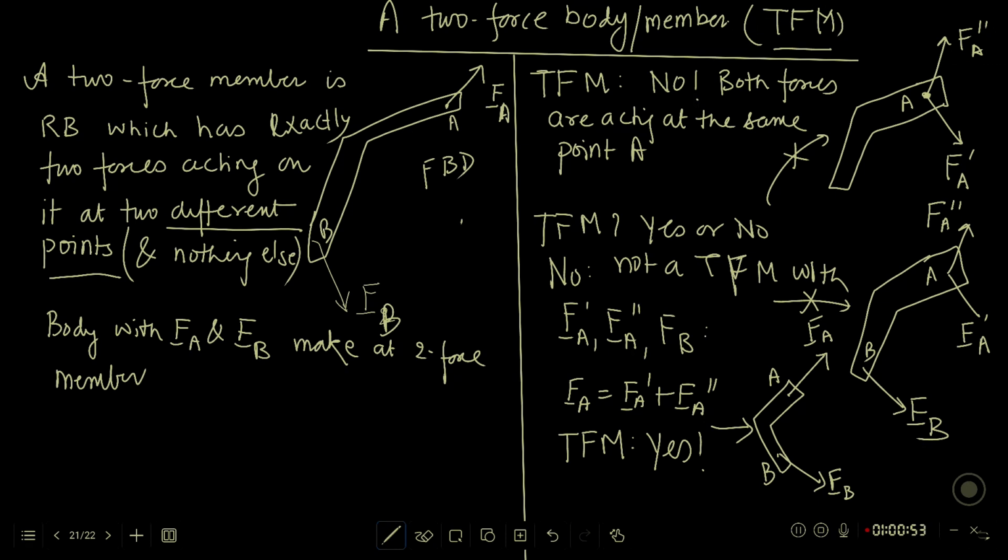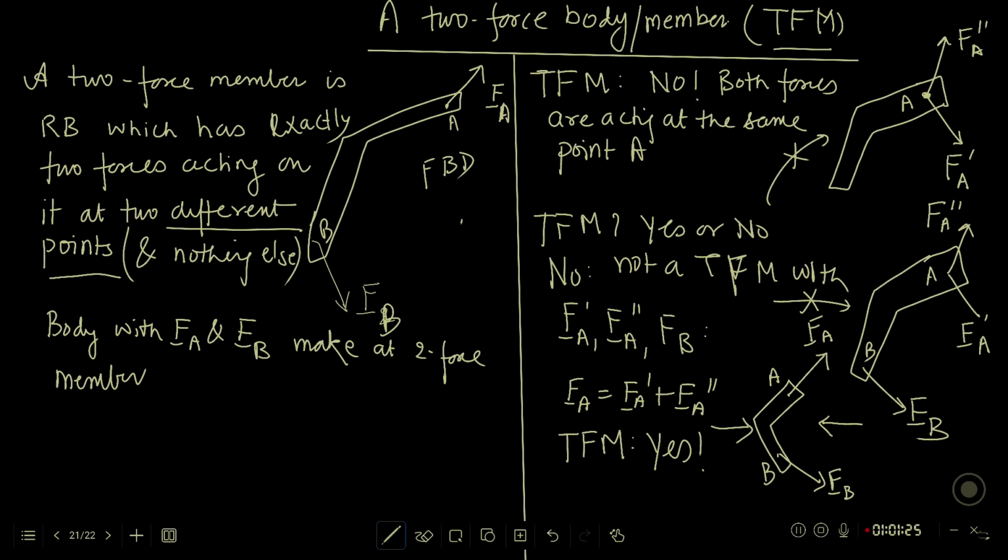But then you can alternatively do something like what I did here: combine the prime and double prime, put FA at A, FB at B, and start calling it a two-force member. So the definition is a bit shallow in that way. Shallow means what you see, the way you draw, decides whether it's a two-force member or not. That's what I mean by shallow.